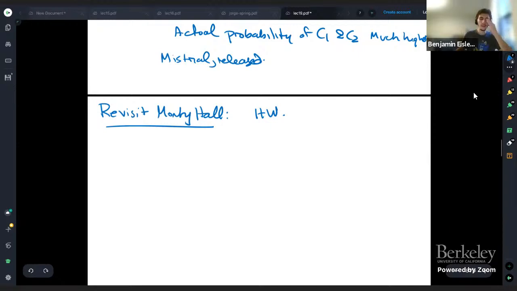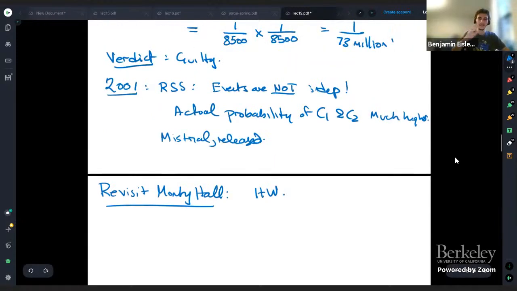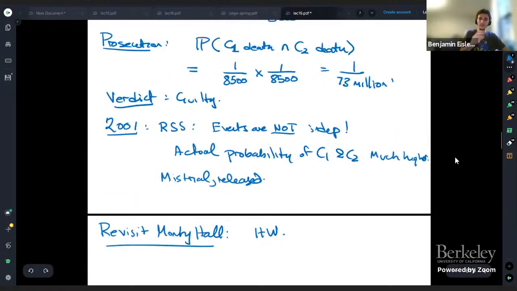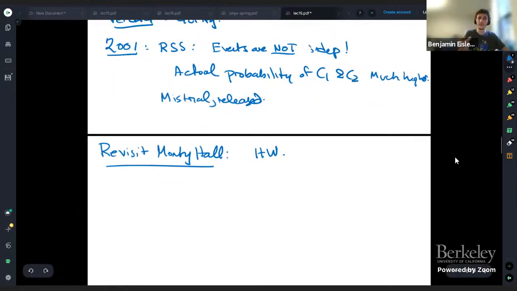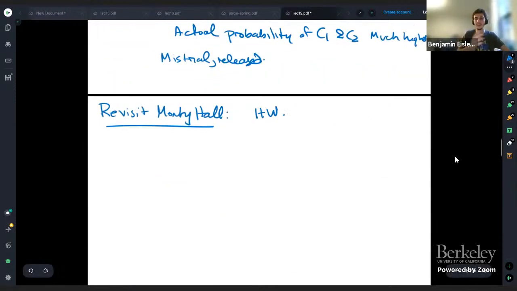I was wondering, with the setup of the problem, this wasn't addressed on the homework. We set it up, we say the probabilities for these various events are this and this.